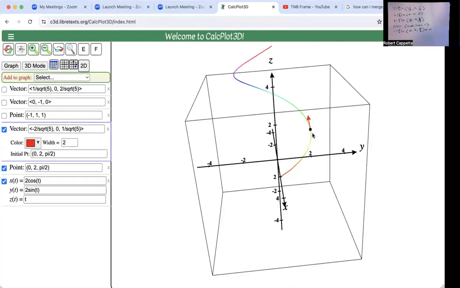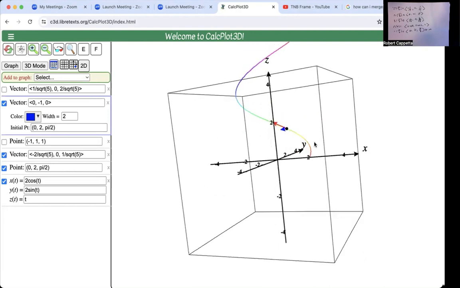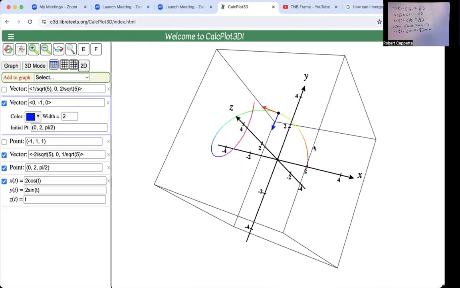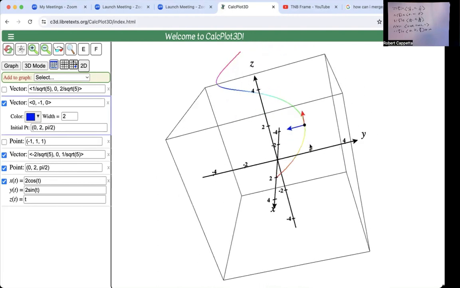I think so. Now the unit normal vector is 0, negative 1, 0. So we have that 0, negative 1, 0 at the point 0, 2, pi over 2. I'm going to put this on as a blue vector. Now, can you believe that that is, again, orthogonal to the red vector? Is it 90 degrees? It's on the concave side of the curve, so that feels pretty good. And then the last vector that we have is the binormal. We said the binormal was 1 over root 5, 0, 2 over root 5.